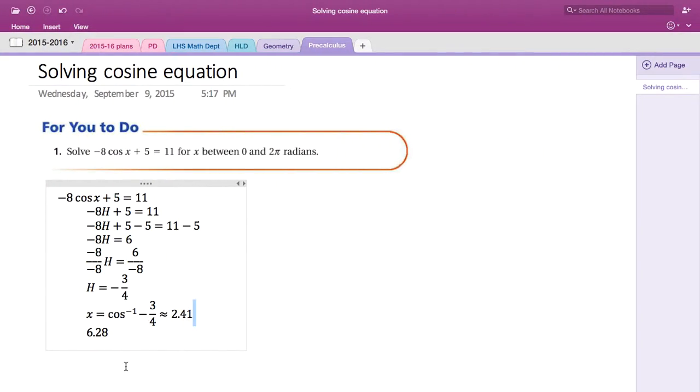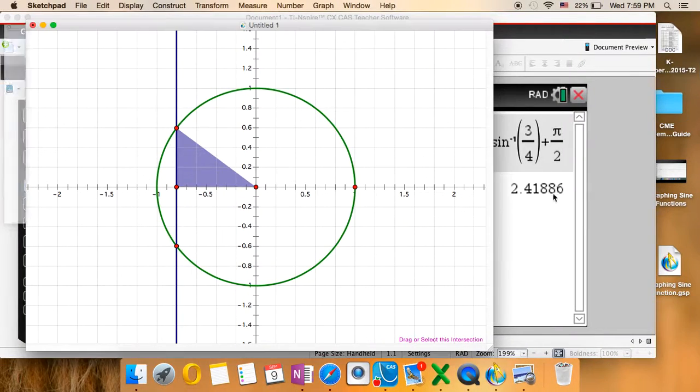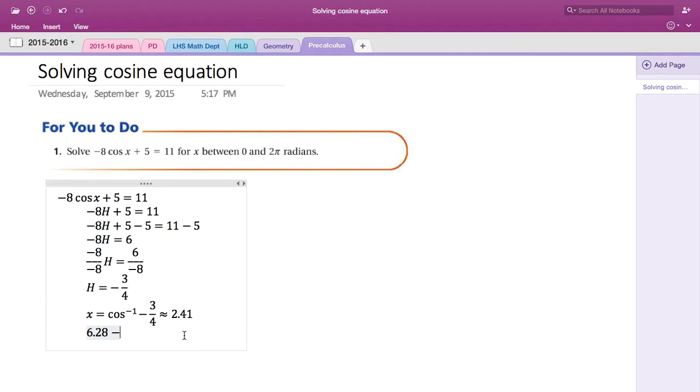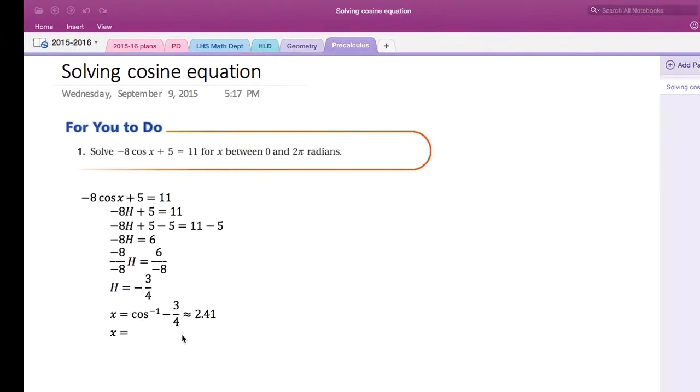So we should subtract that: 6.28 minus 2.41886 dot dot dot, which is 3.86. So another solution is x equals 3.886.